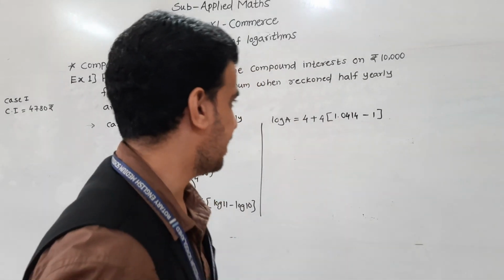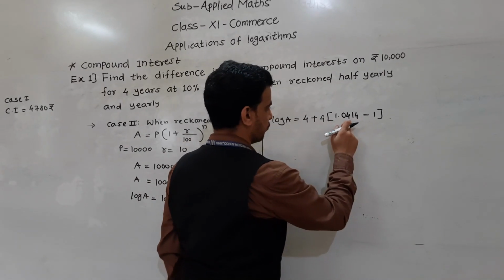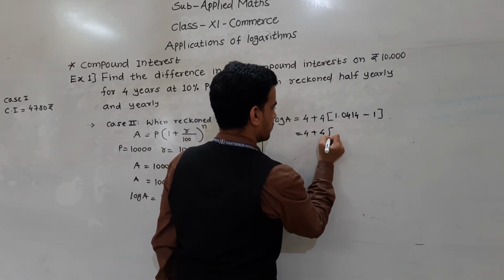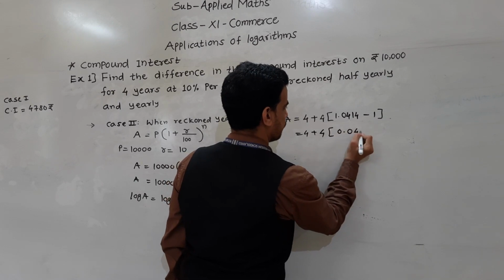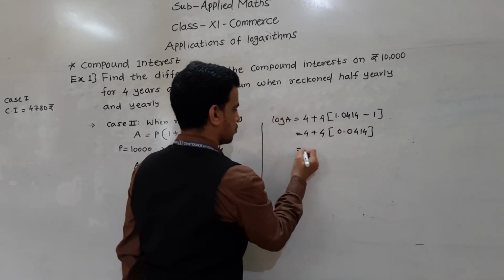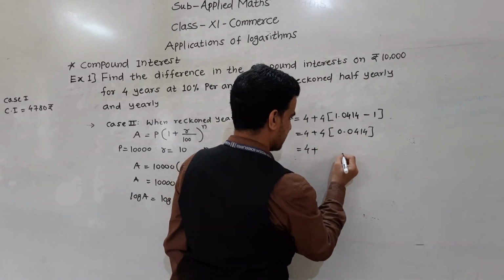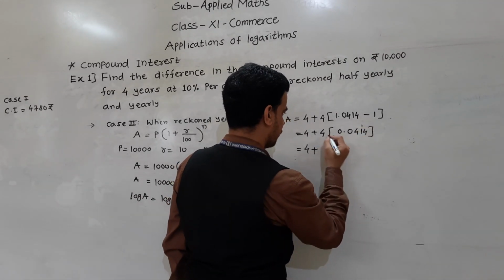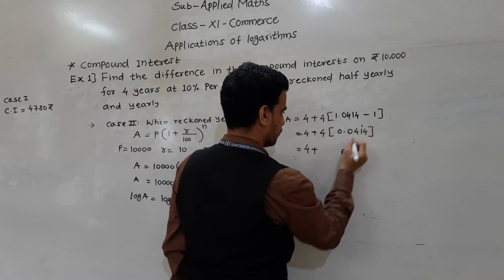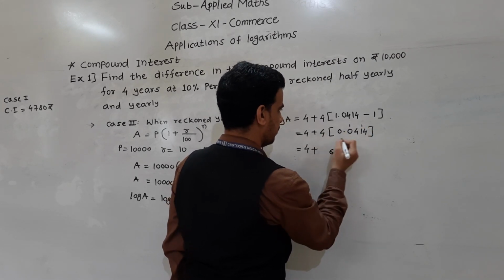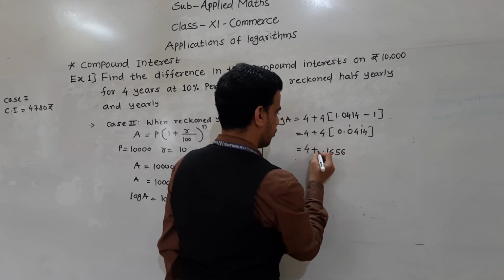So 1.0414 minus 1 is 0.0414. Okay, so 4 plus, if I multiply this inside, 4 4s are 16, 1 4 1s are 4, plus 1 is 5, 4 4s are 16, 1, then it is 1.0.